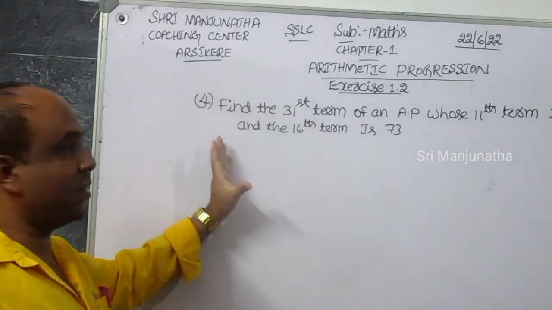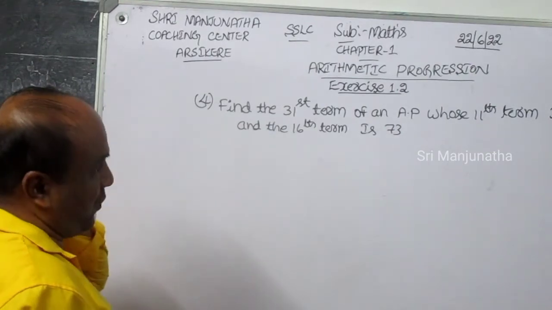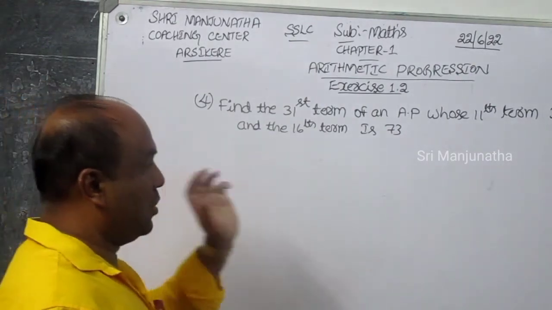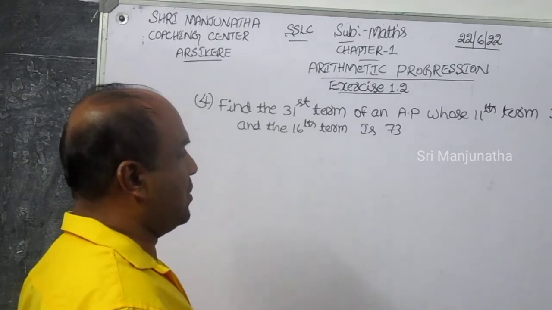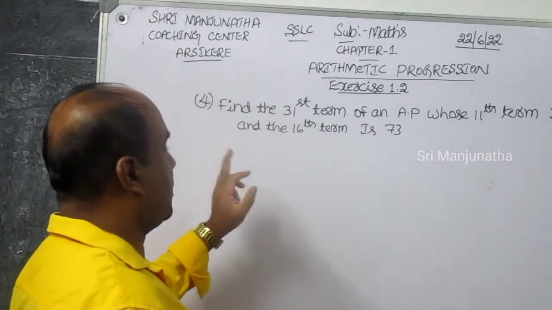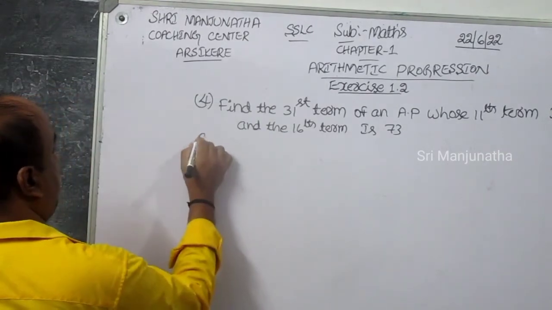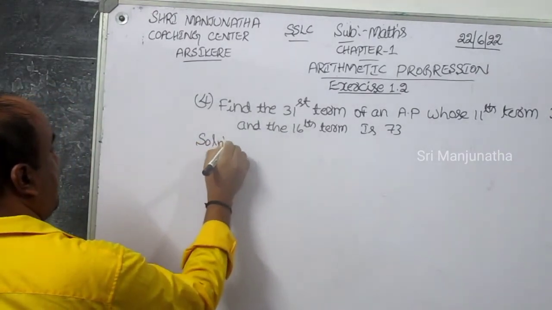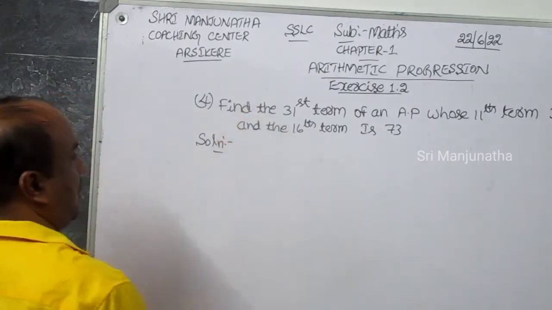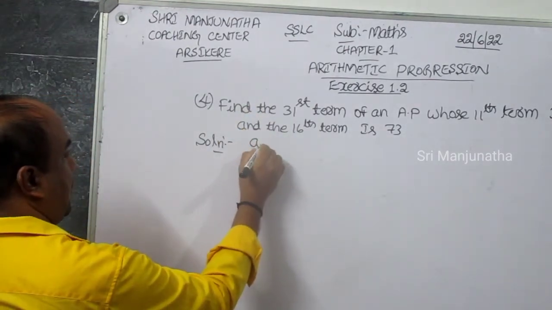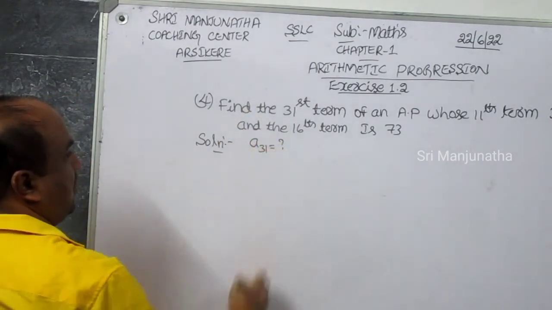First we have to understand the problem. Find the 31st term of an AP whose 11th term is 38 and the 16th term is 73. Solution: we have to find out the 31st term. A31 equals question mark.